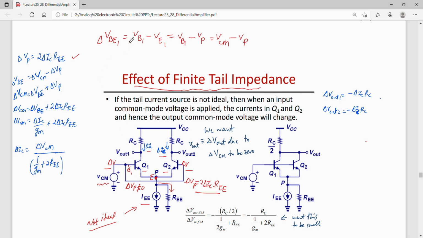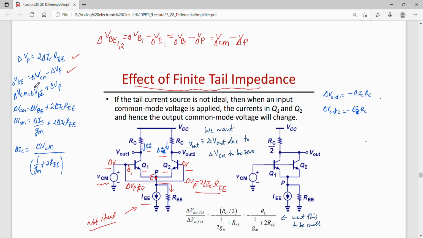So for a change in input voltage, VBE also changes by delta VBE. Everywhere I'll put delta, which represents a small change because of a small change in the common mode input voltage. So delta VBE1 is delta VCM minus delta VP. In fact, delta VBE2 is also the same.